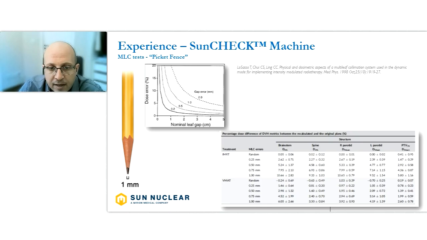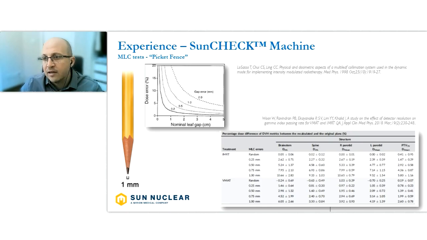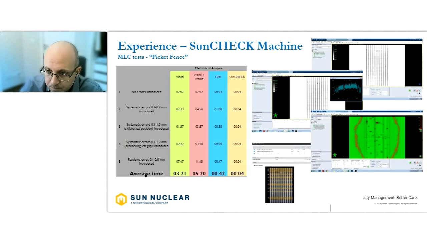Other recent publications show the effect of variations up to 1 millimeter in IMRT and VMAT cases, and conclude that deviations up to 10% can occur in the target or organ at risk. Therefore, the lack of quality control tests can lead to undesirable clinical effects on the patient.